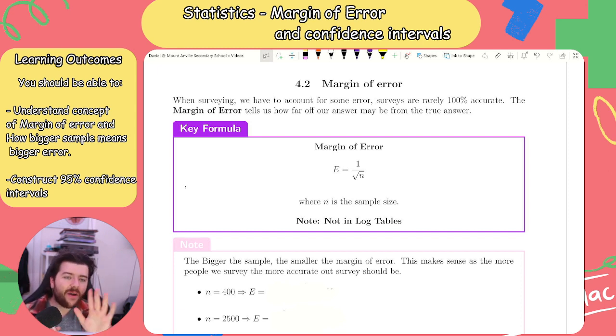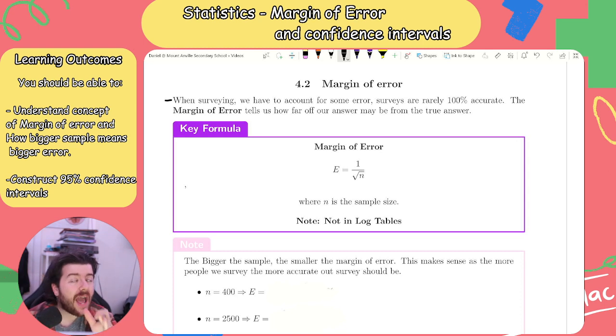If someone asked you how much your dress cost, you might say, I think it was like €20, give or take an extra 5. It could be €5 more, it could be €5 less. That's what the margin of error is. When surveying, we have to account for some error within our surveying. Surveys are rarely 100% accurate.